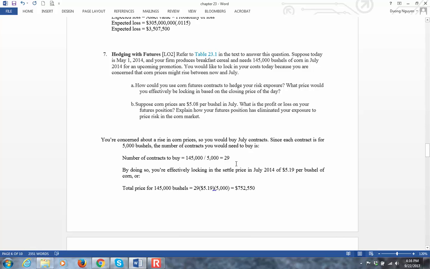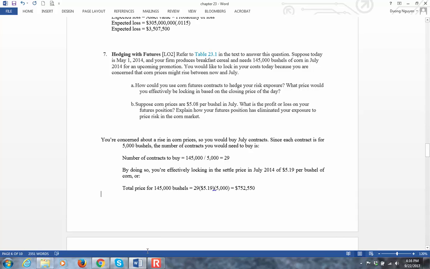Alright, so right now it is May and this company is looking to buy 145,000 bushels of corn in July. So obviously your most concern would be that the price of corn may go up. So to do that, you may want to lock the price of corn today by buying corn futures.